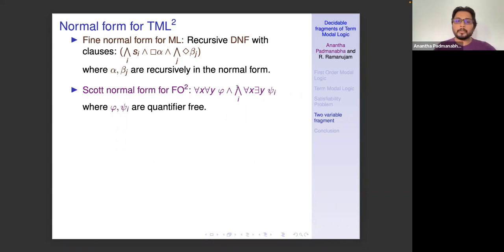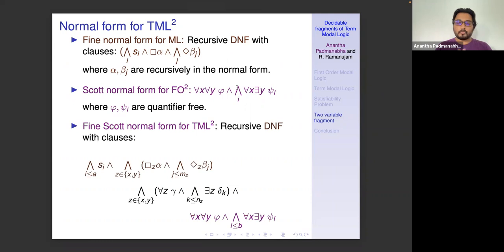Now for two variable term modal logic, we combine the two normal forms, and our normal form looks like this. We call it the fine Scott normal form, and it's a recursive DNF again, where each clause is a conjunction of all this. Let me explain what this is. It has some finitely many atoms, predicates or negated predicates, one box X formula, finitely many diamond X formulas, one box Y formula, and some finitely many diamond Y formulas.